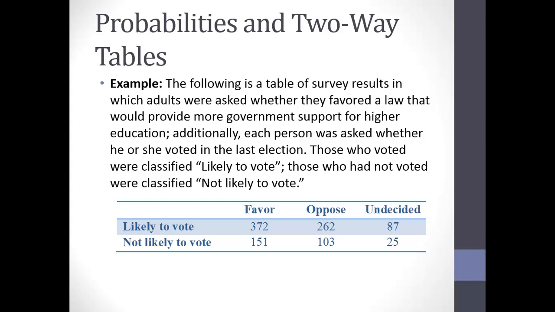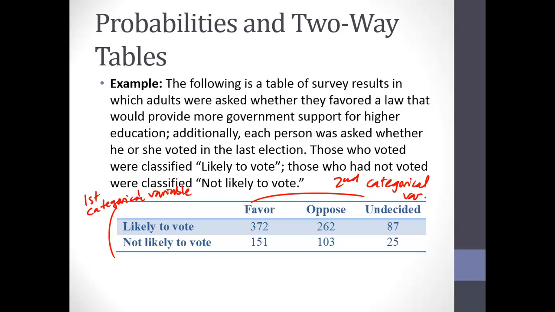So here's our first categorical variable, and here is our second categorical variable. Again, two-way table, usual setup. We cross-classify people by if they are likely to vote in the next election and what they think about this new law.